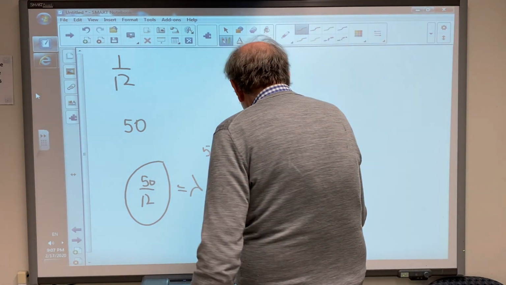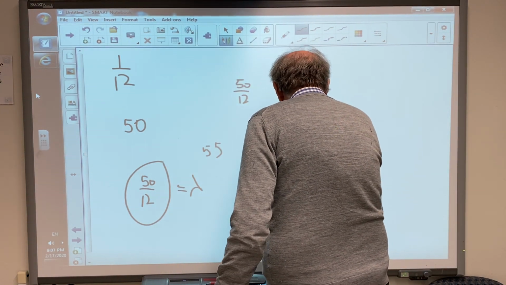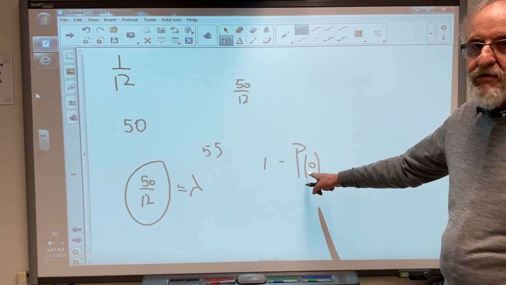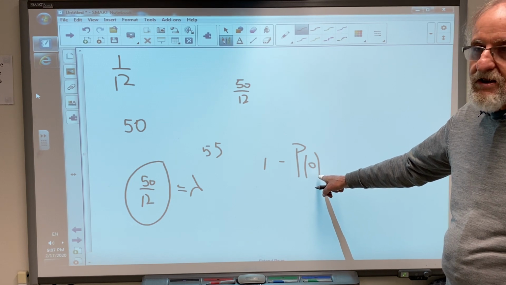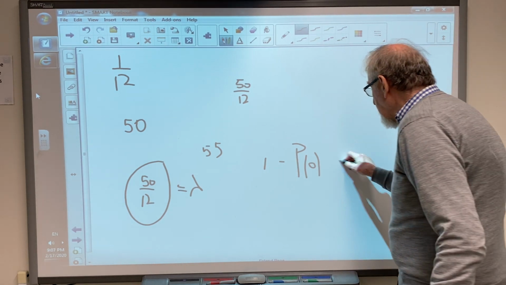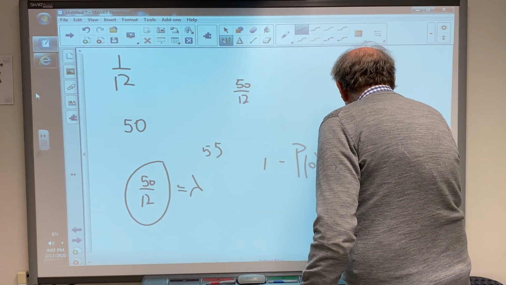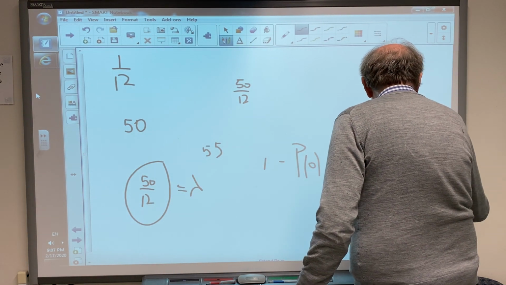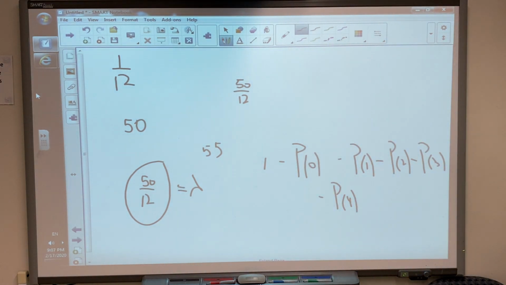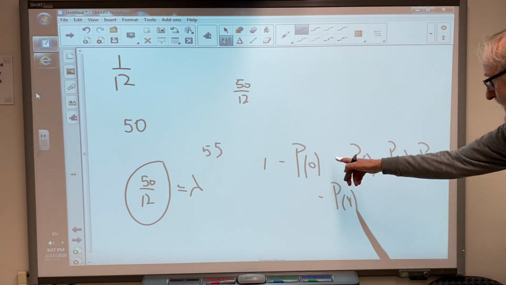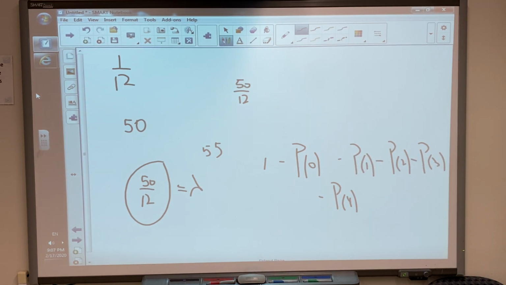And that the number is smaller than 5 is 1 minus P0, the probability of 0 no-shows, which means the 55 people that got tickets showing up there, minus P of 1, minus P of 2, minus P of 3, minus P of 4. That's it. That is the probability that the number of no-shows is 5 or bigger, because I discounted all these. If the number of no-shows is 5 or bigger, I am fine.